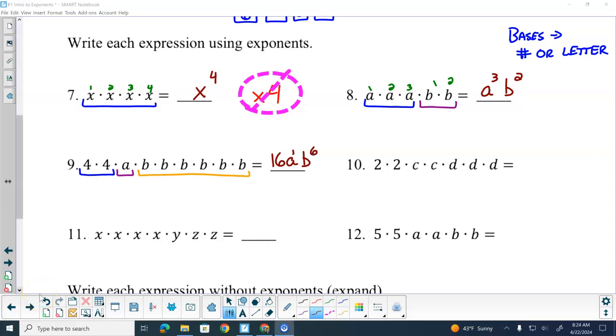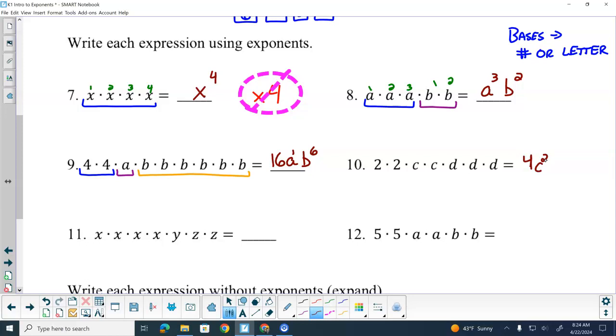Chloe W., what did you get for number 10? 4, because that's the 2 times 2. C to what power? To the 2nd power, yep. So how we read that is C to the 2nd power. And what did you get for D?